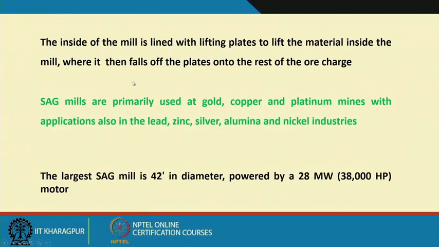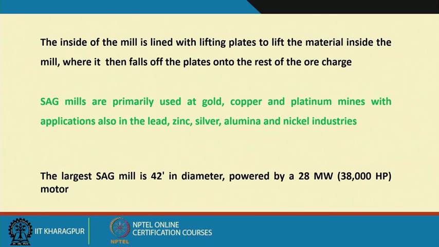So, we need to use a lifter, so that the entire pulp, that is the entire charge, is lifted inside the mill, where it then falls off the plates onto the rest of the ore charge. That is, the mill is lined with lifting plates to lift the material inside the mill, where it then falls off the plates onto the rest of the ore charge, because this is what the mill liners do. I will show you a picture of how the mill liners look.